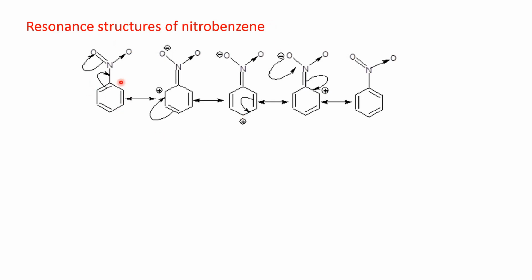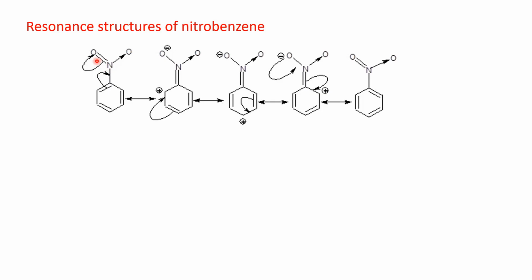Now the question is, why is the nitro group a deactivating group? Any deactivating group has a key atom. Key atom means the atom of the group which is attached to the benzene ring. For nitrobenzene, this is the nitro group. This nitrogen is attached to the benzene ring. So this nitrogen is the key atom.